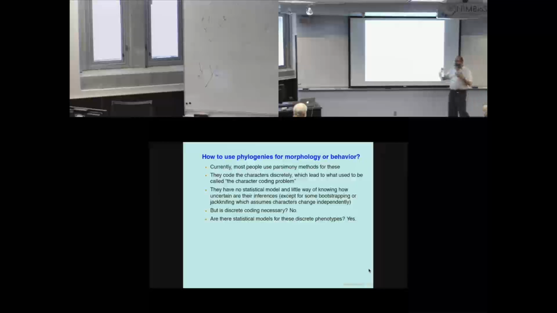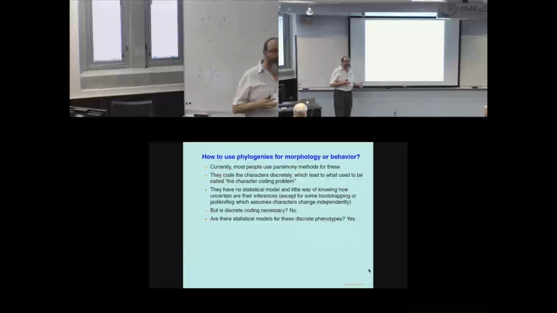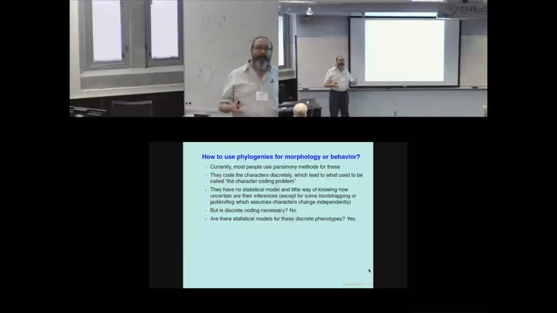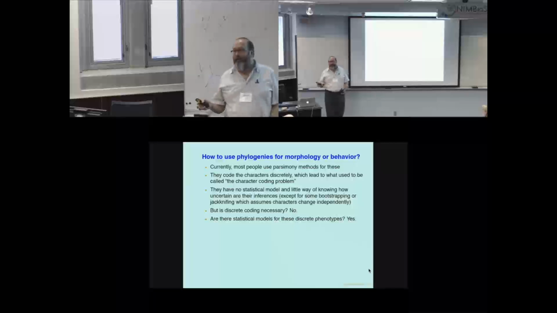And although there have been big philosophical, political wars in systematics among morphologists, about whether parsimony is philosophically mandated, and therefore true, or whether statistical approaches are as good or better, most morphologists out there, if you press them, say, why are you using parsimony? They'll say, I don't have any other method. I mean, nobody's presented me with another approach.